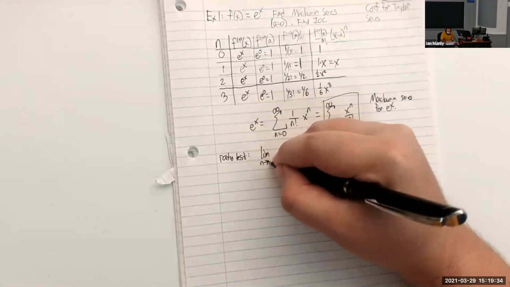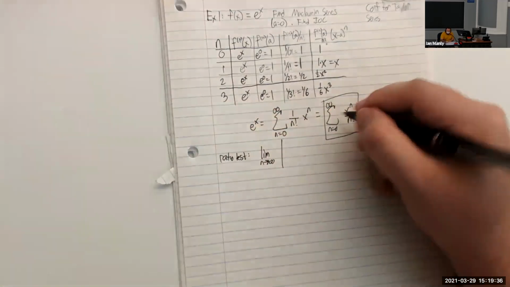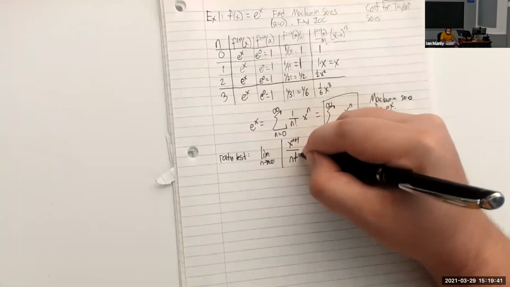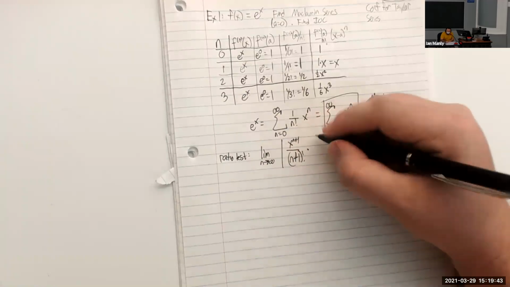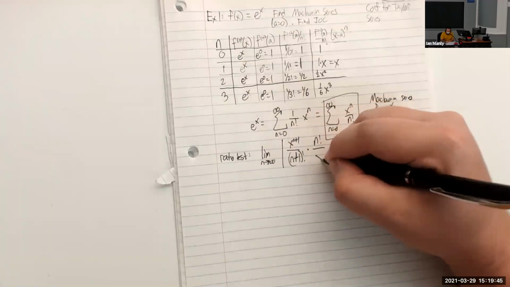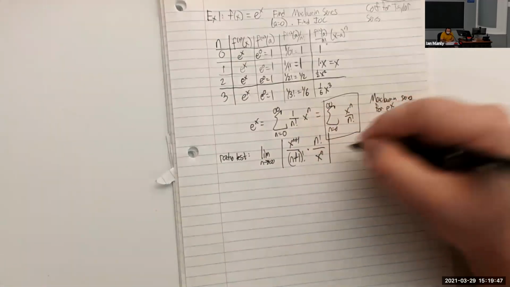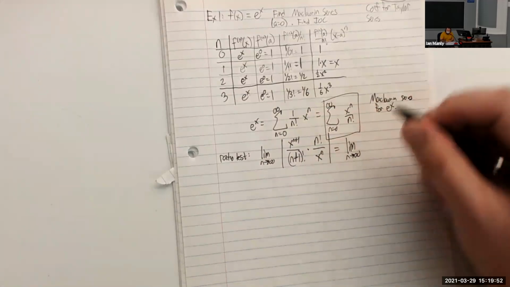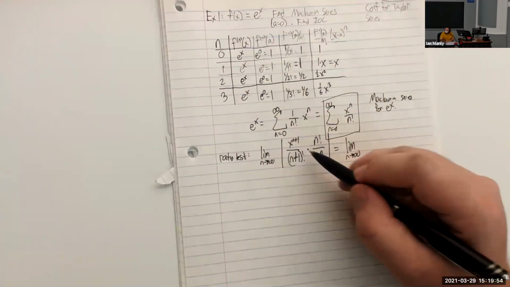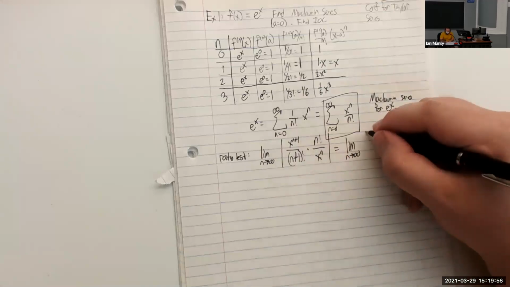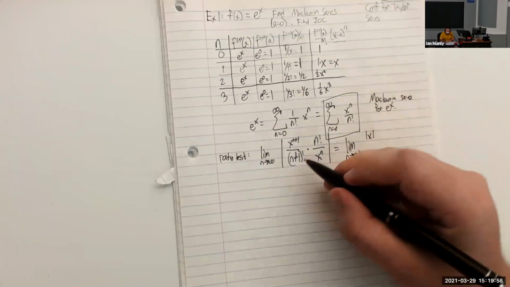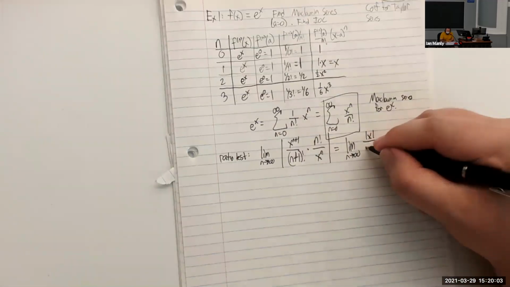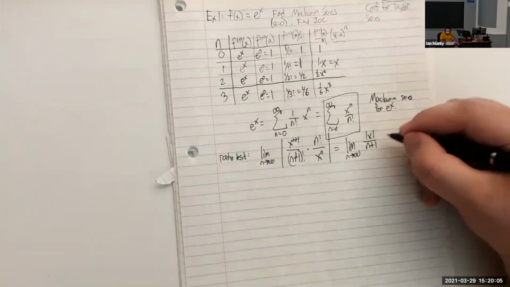We have the limit as n goes to infinity of the absolute value of x to the n plus 1 over n plus 1 factorial, times n factorial over x to the n. These will cancel out and give us an absolute value of x. And n plus 1 factorial and n factorial will simplify and give us an n plus 1.